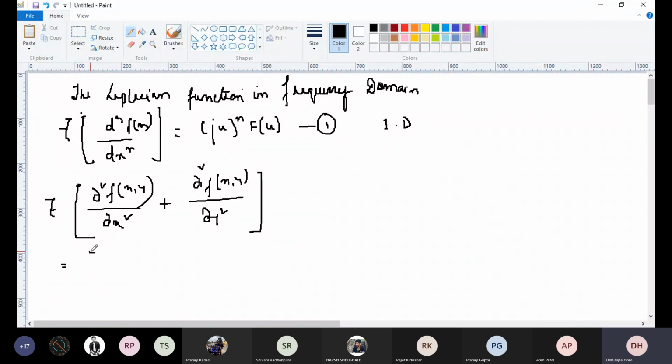So it will be equal to (ju) whole square F of u, v, plus (jv) square F of u, v.